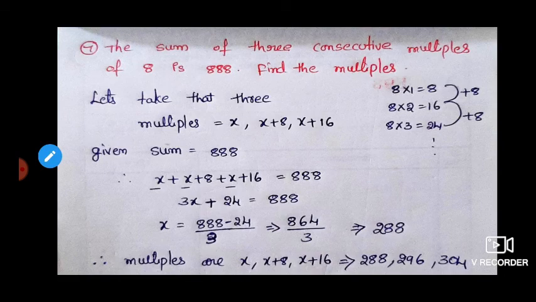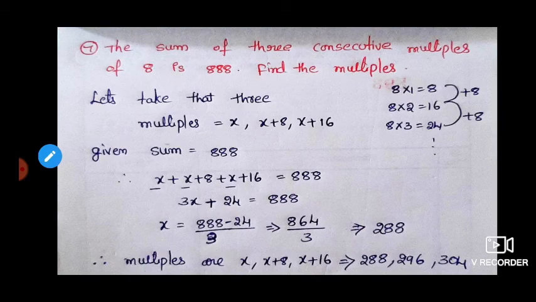In the same way here, if I take the first multiple as x, the unknown multiple, then adding 8 gives the next multiple, x plus 8. For the next one, x plus 8 plus 8, that is x plus 16.